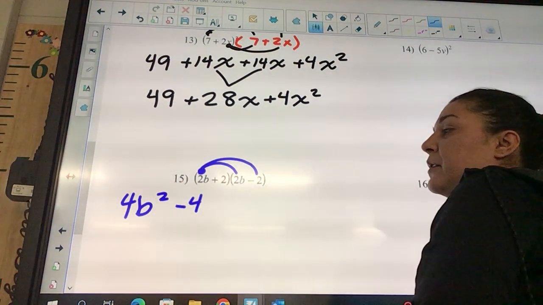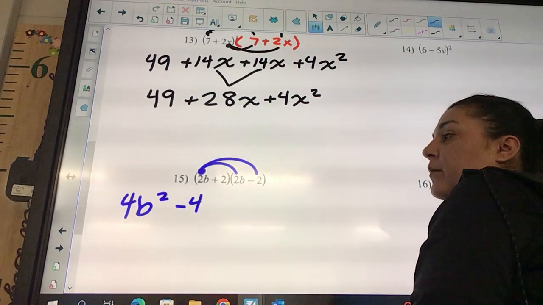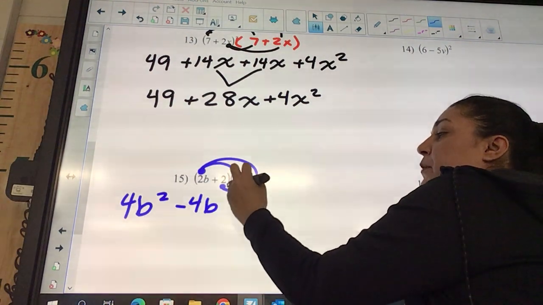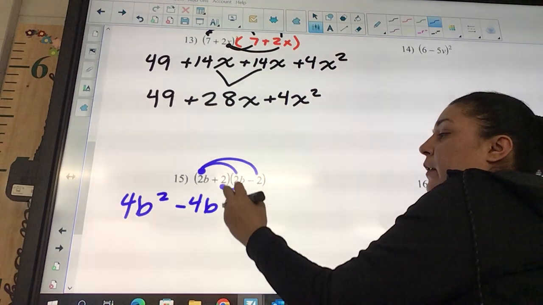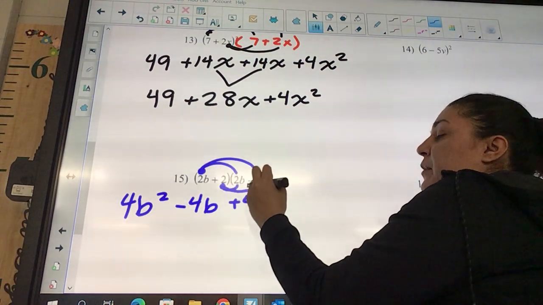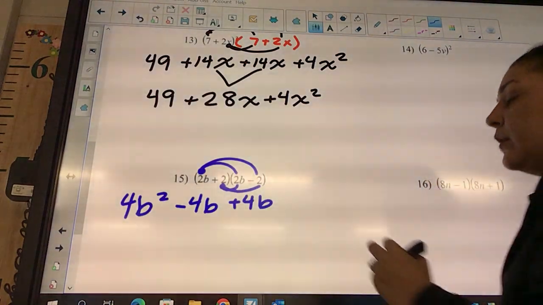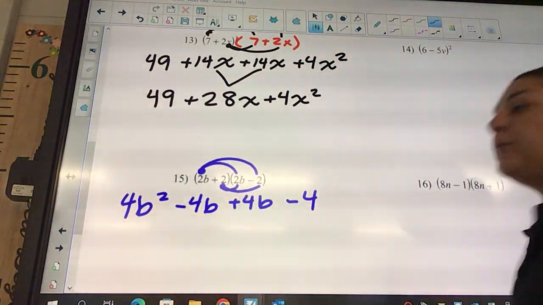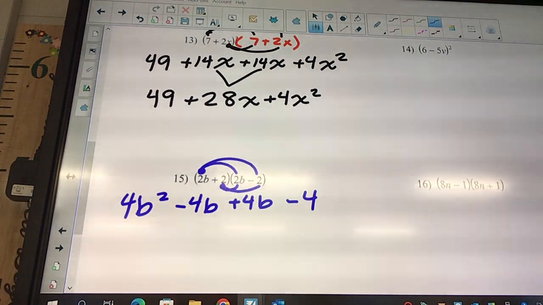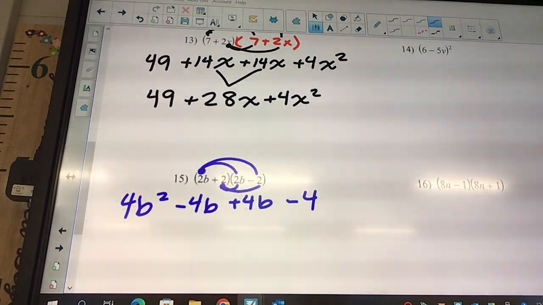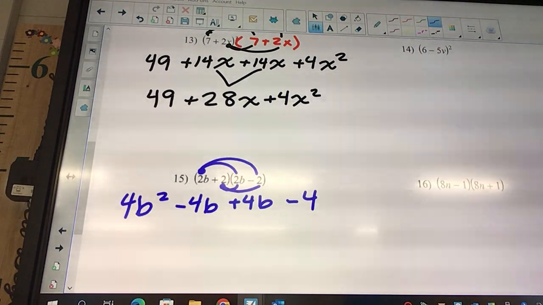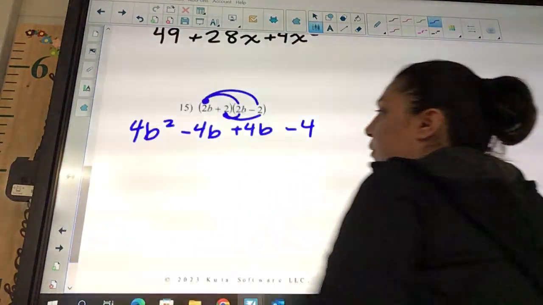How many b's? 1. 2 times 2, 4, and there's 1b. And then 2 times negative 2, it's going to be negative 4. Okay, what can we combine? Negative 4 and the positive 4. Those 2 in the middle. What is negative 4 plus positive 4?